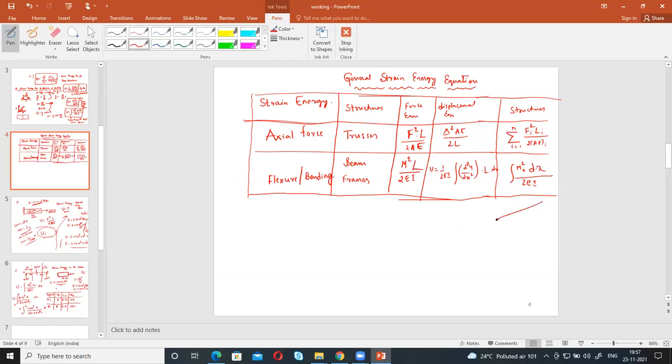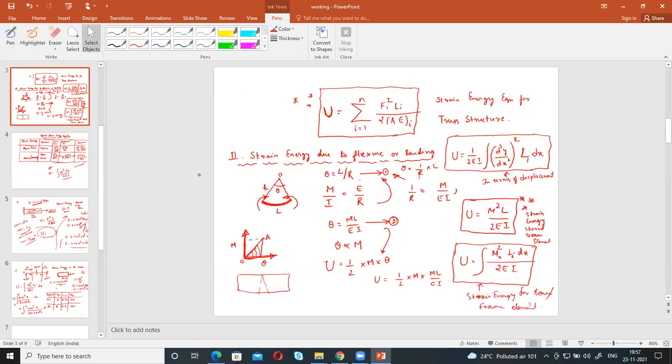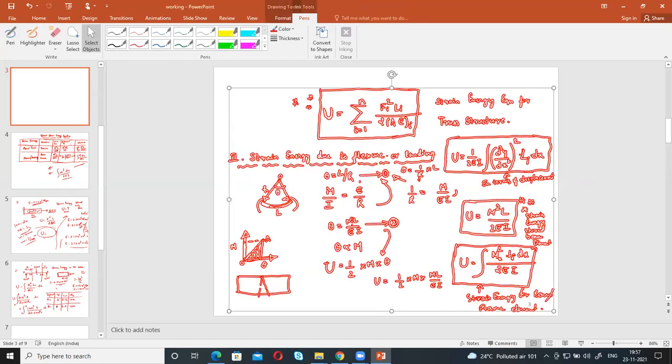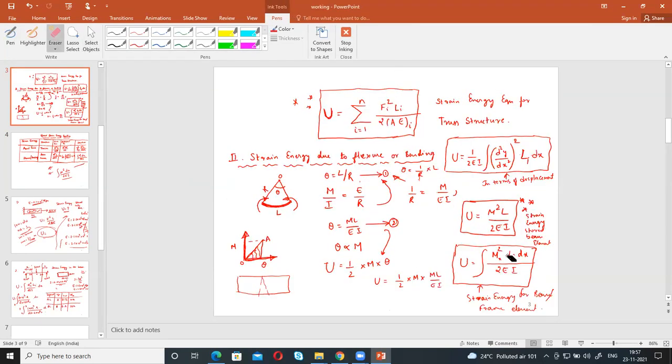Draw here this equation only: integral of M square into dx by 2EI. It's very, very important, please mark the correction. This is M square into dx only. Remaining things are fine, no problem.